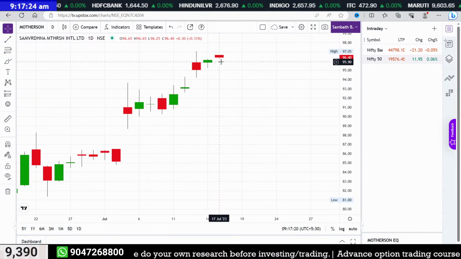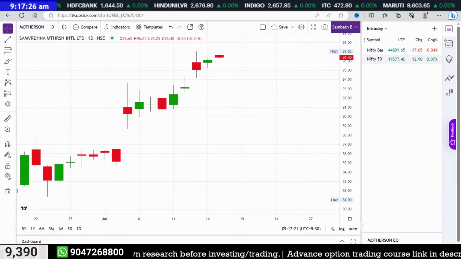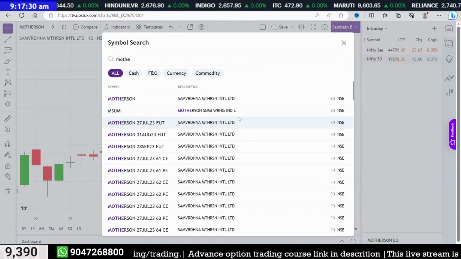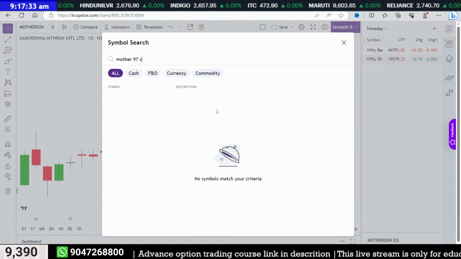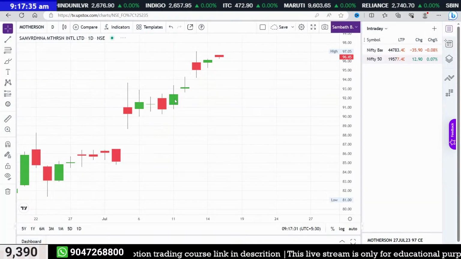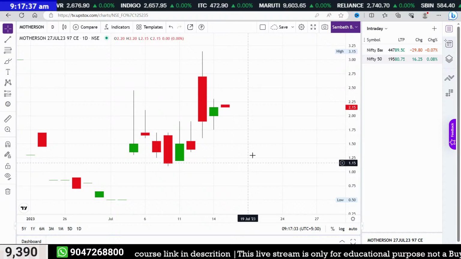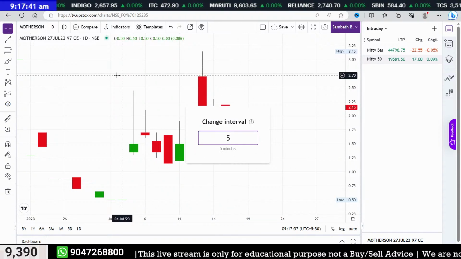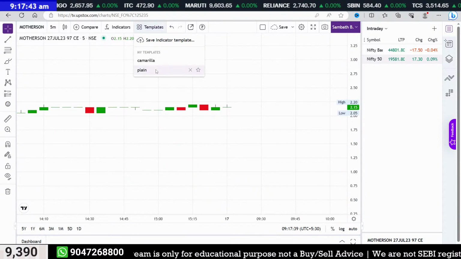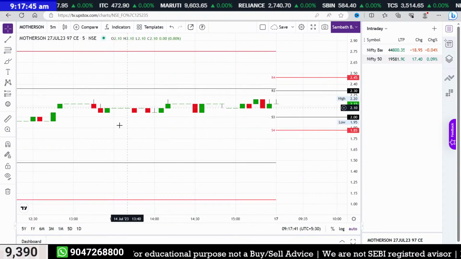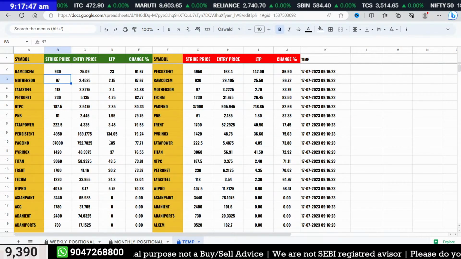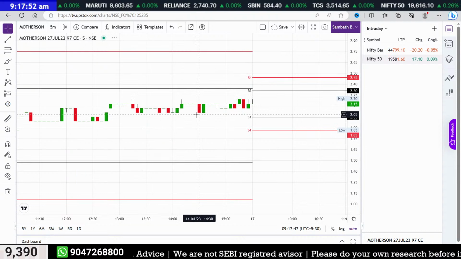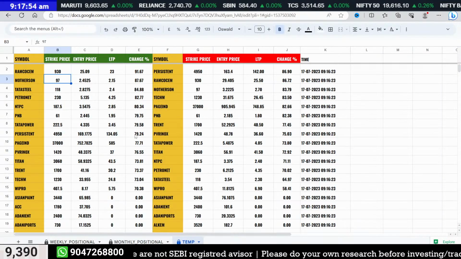Motherson Sumi also looks like a technical gap up, and as per our strategy it is the 97 call, exactly 2.15. Okay, that's right. So let me track some of the opportunities we can go for.